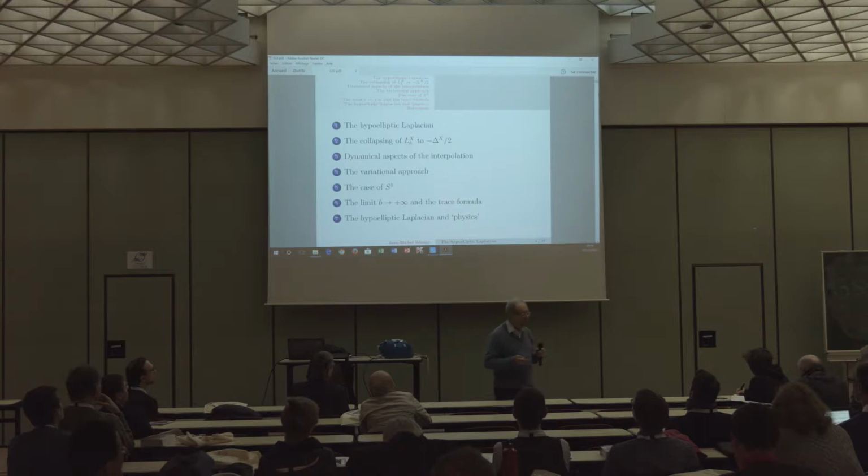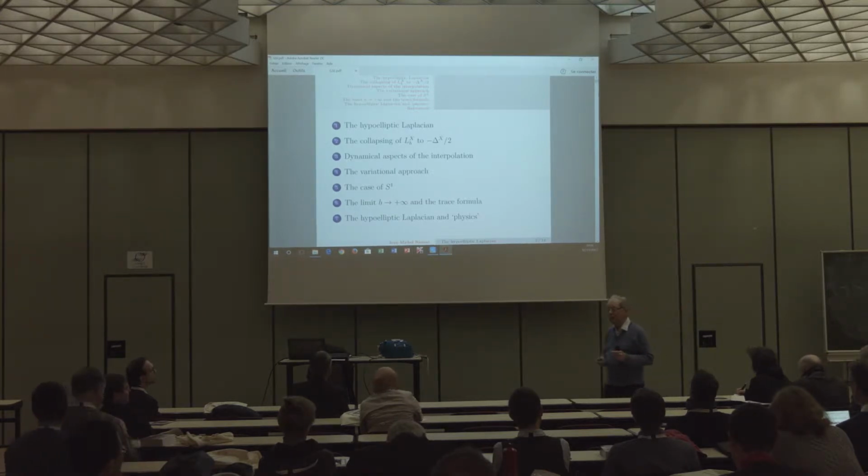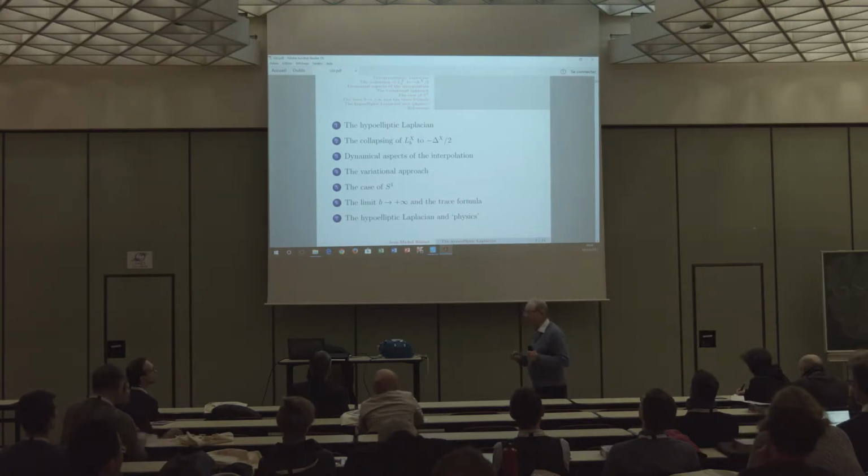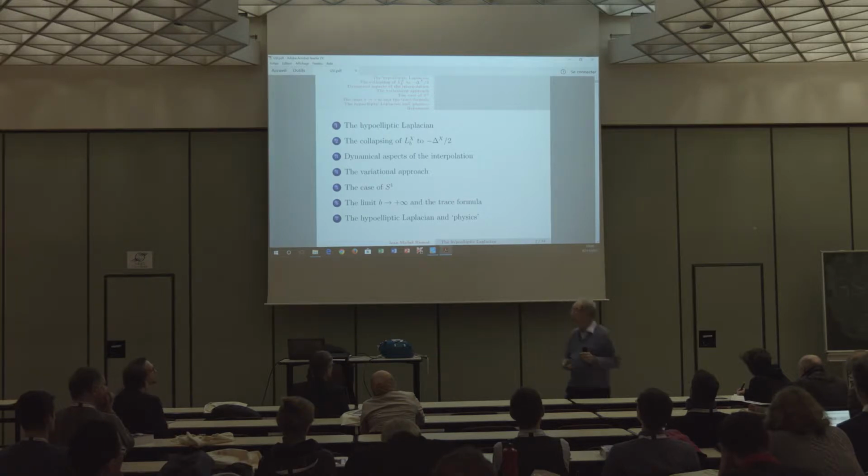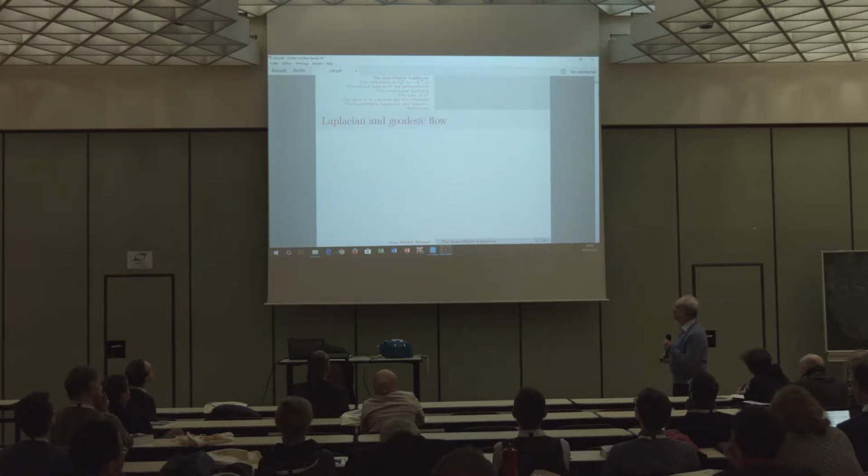And the fact this interpolation exists is remarkable in the sense that, in spite of the fact that the interpolation takes place between two completely different sorts of objects, there are basic conserved quantities. So here is a summary of the talk, but I will immediately go to the description of what the hypoelliptic Laplacian is supposed to do.